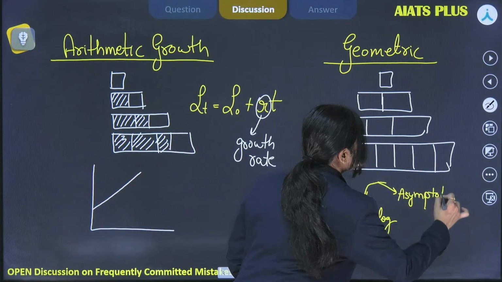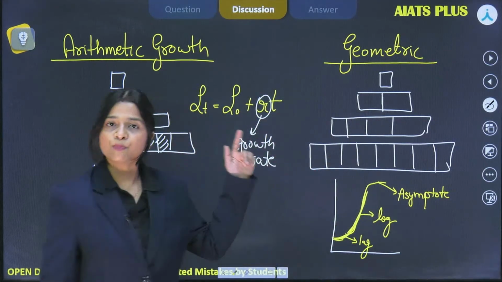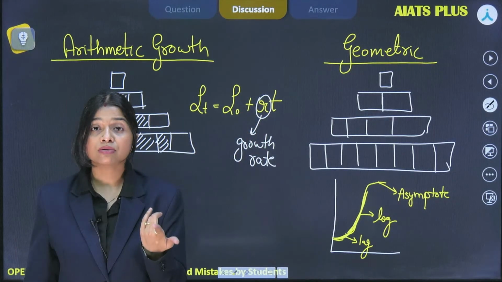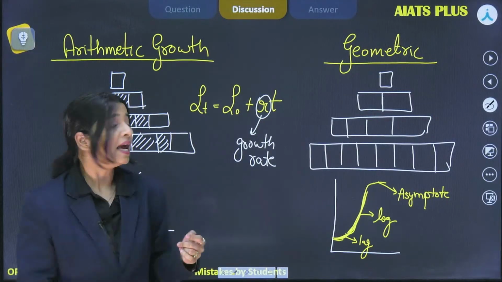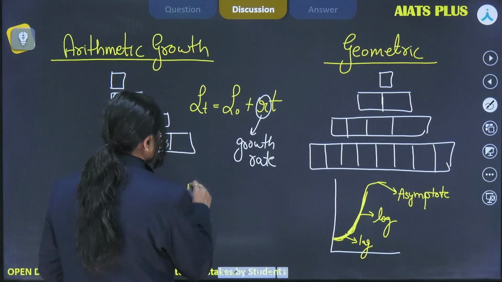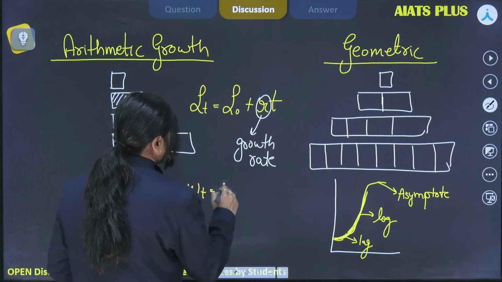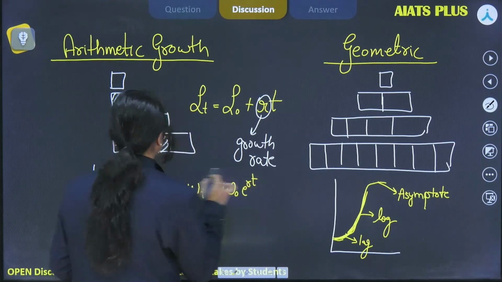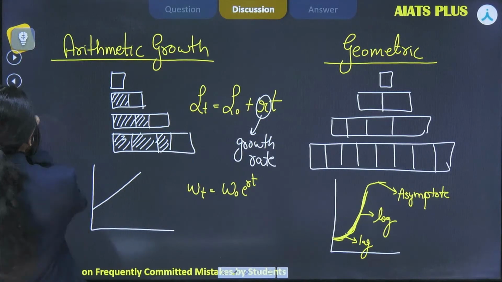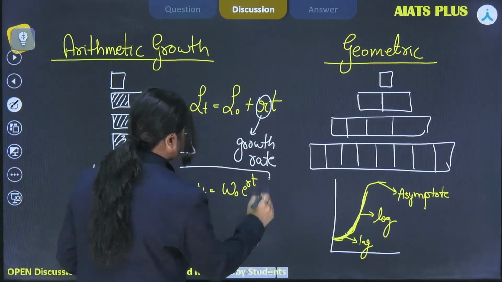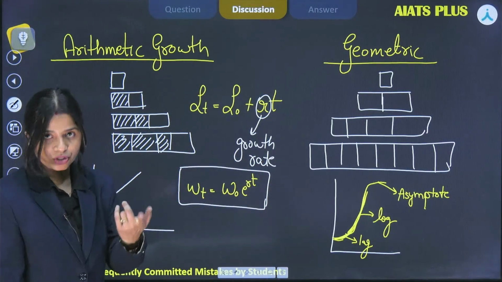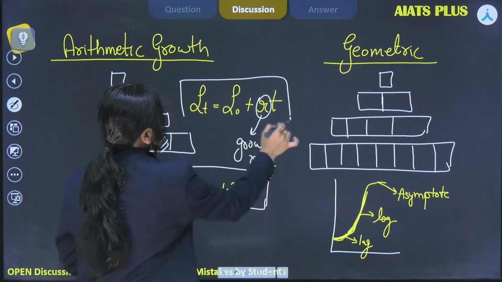No further growth is taking place beyond this point, right? So this type of growth is the exponential growth or the geometric growth, okay? And it is represented by the equation Wt is equal to W0 e^rt, okay? So these two equations can be asked in your exam. You should be knowing these. This is for the geometric one or the exponential one, and this is for the arithmetic one.